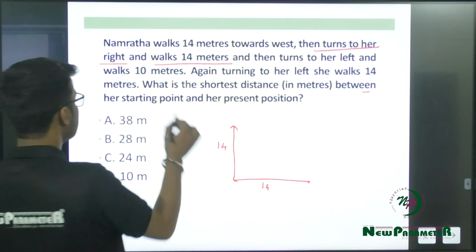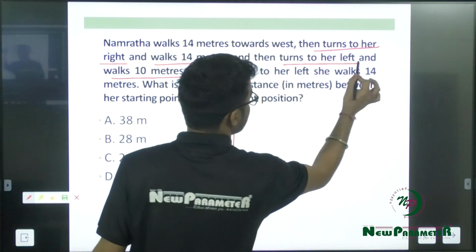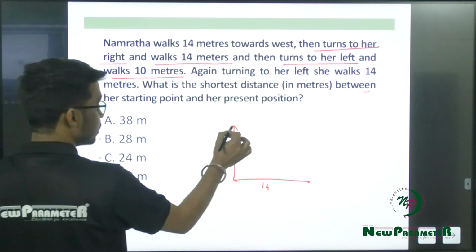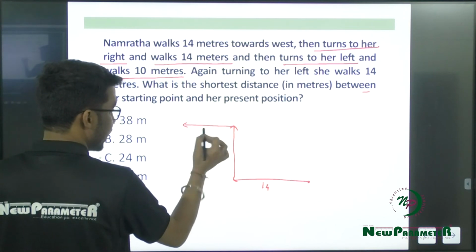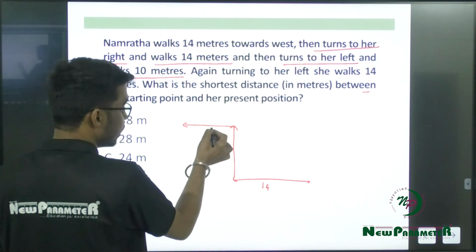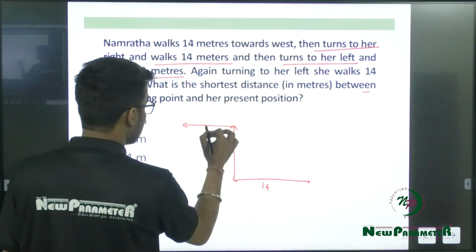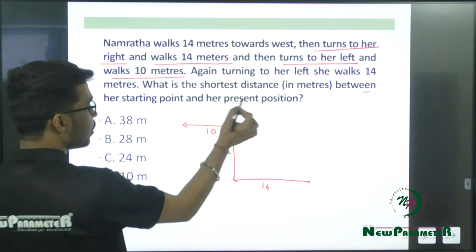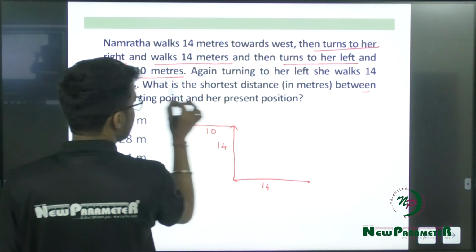And then she turns to the left and walks 10 meters. From this point, she takes a left turn and walks 10 meters. So left means my left, as Namrata is facing north and I am also facing north. Her left would be my left hand. So this distance would be 10. Again turning to her left, she walked 14 meters.